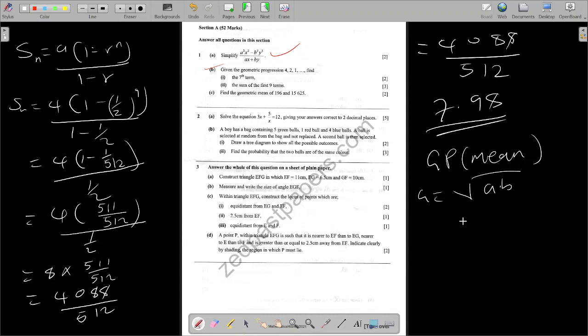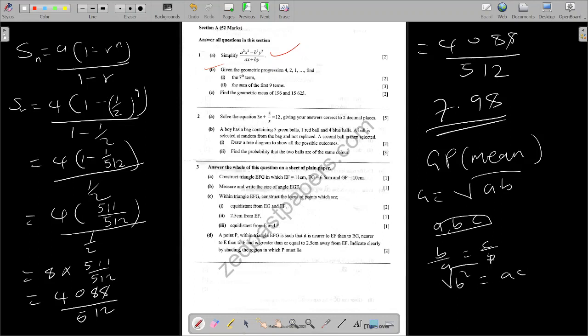For example, if you have A, B, C, the geometric mean of these three is found by dividing the second term by the first term. So B over A is equal to C over B, meaning B times B, B squared, is equal to AC.